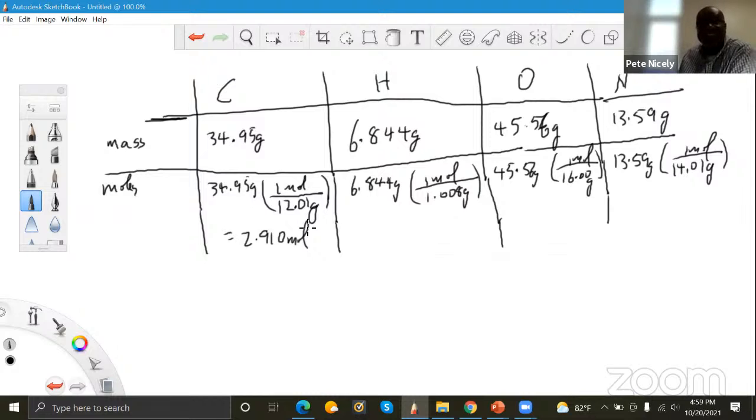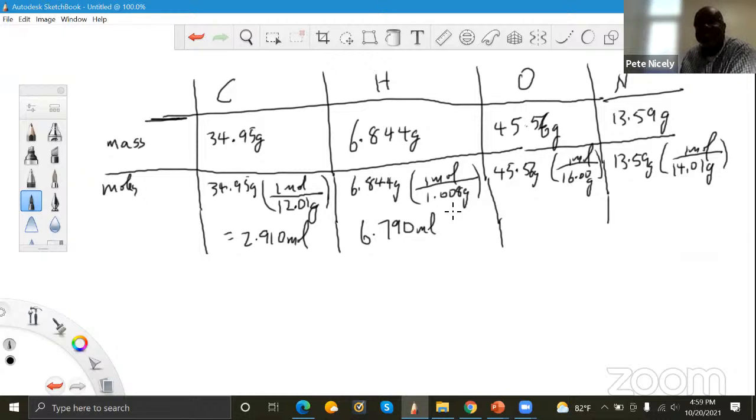And then in the case of hydrogen, it is 6.844 divided by 1.008. And that gives, according to my calculation, 6.7, okay, round off to 4 sig figs. So that would be 6.790 moles.